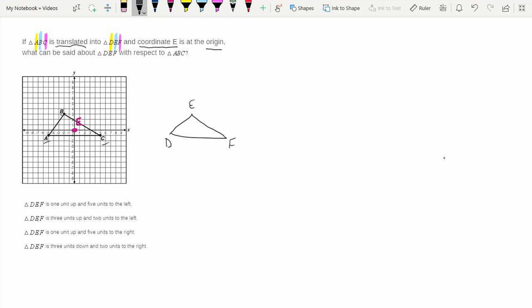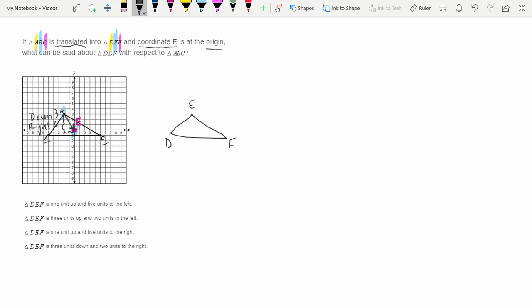Let's highlight this, right? So we had B and E. I know that from up here, B and E have to match each other. So I went down 3, this is from B to E, that's my vector, and I went to the right 2.